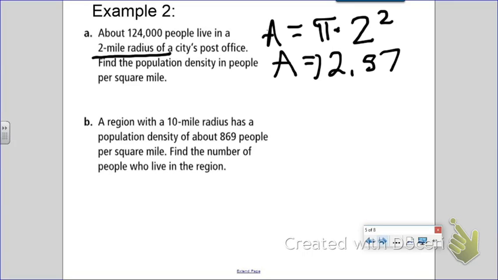So this is the amount of area that we have in square miles. We have 124,000 people that live in this many square miles.